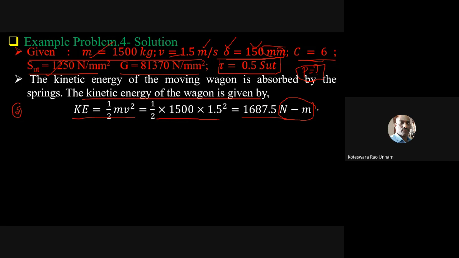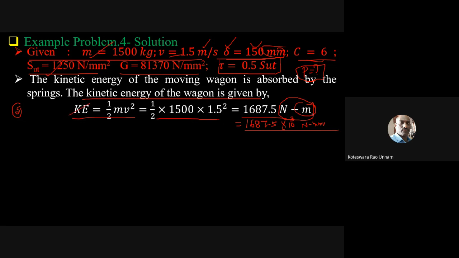So you need to convert this meters into mm. If I do that, it should be multiplied by 10 power 3, so this becomes 1687.5 into 10 power 3 Newton mm. So this is the kinetic energy.